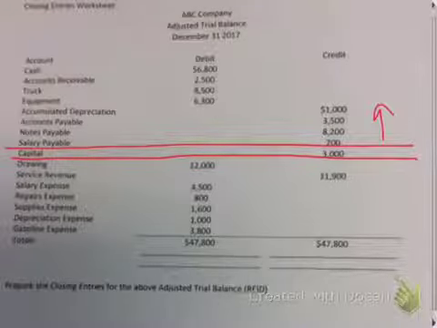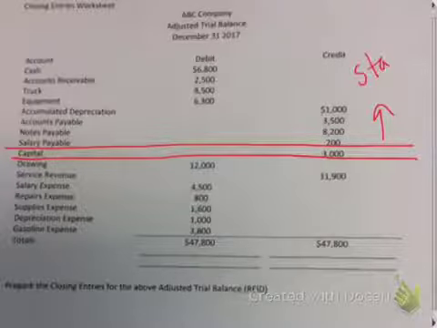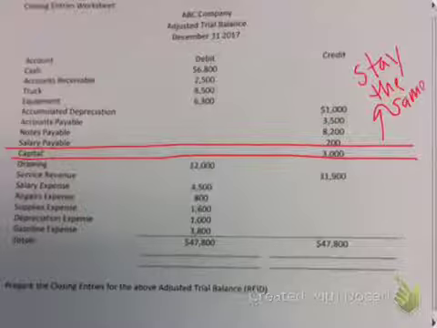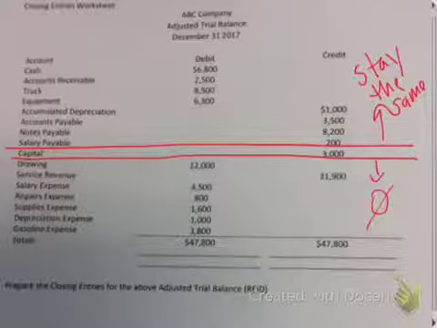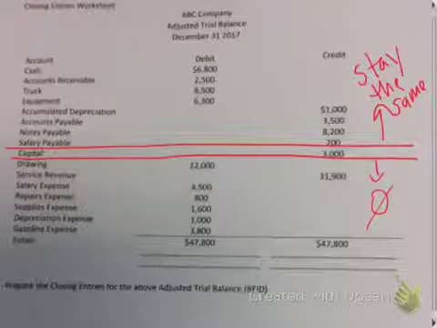Everything above this line will stay the same. Everything below this second line needs to go to 0.